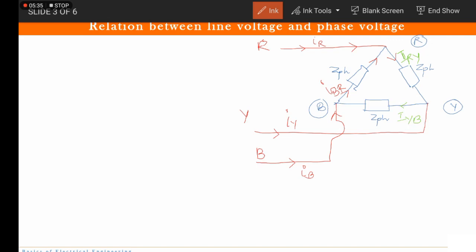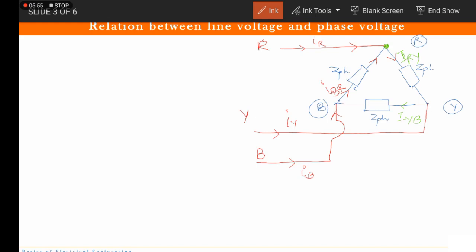Got it? So here this is a node and this node is R. Please keep this in your mind because we will actually be requiring this knowledge.